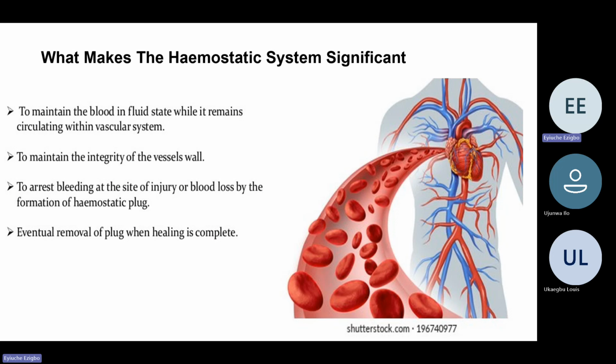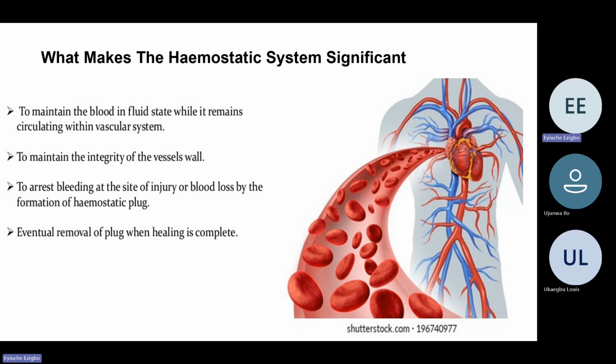The hemostatic system is also important to maintain the integrity of the vessel wall, making sure that the vessel wall through which the blood is moving is not compromised, okay, that it is smooth and contributes to the blood flow.